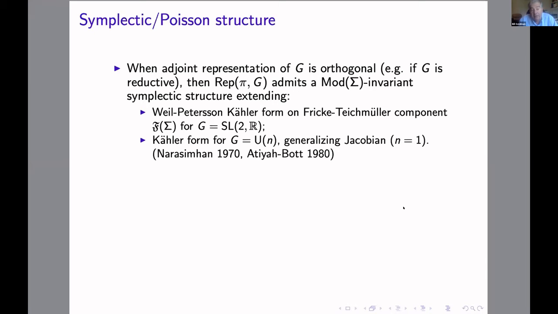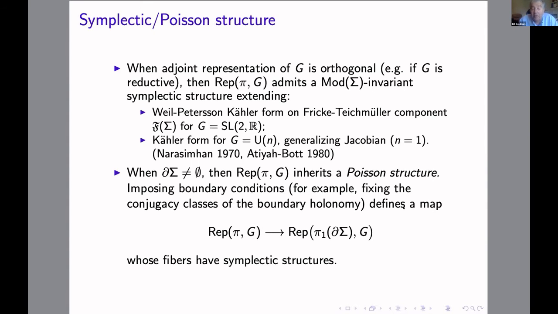And later this played a key role in Atiyah and Bott's description of the moduli space of flat unitary bundles in terms of stable holomorphic vector bundles over Riemann surfaces, which Narasimhan and Seshadri developed from a more algebro-geometric context. And so this generalizes the symplectic structure on the Jacobian variety when n equals 1.